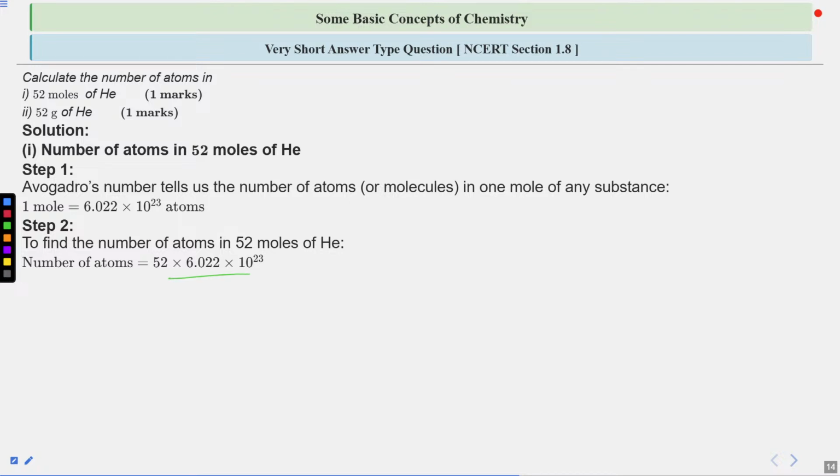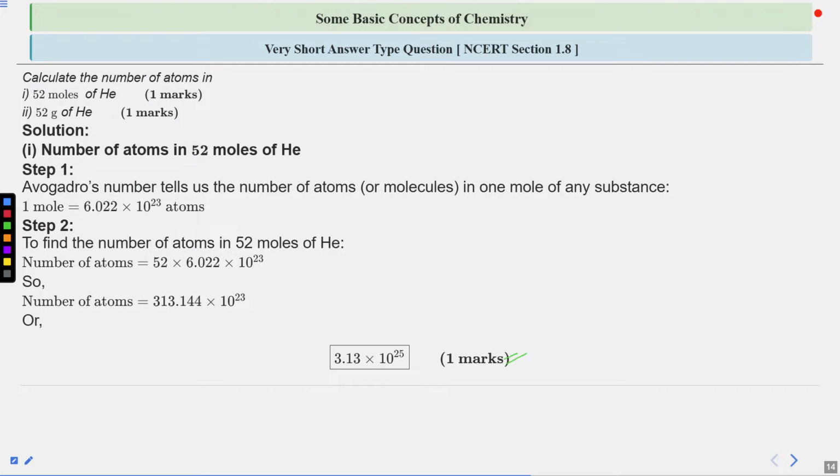Therefore, the complete answer would be 313.144 into 10 to the power 23. If I write it more scientifically, then it will be 3.13 into 10 to the power 25. Okay, so is this clear to you? So this was also of 1 mark.